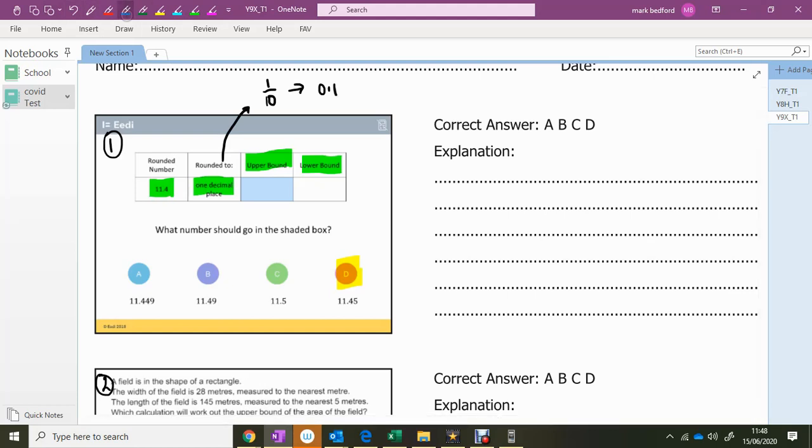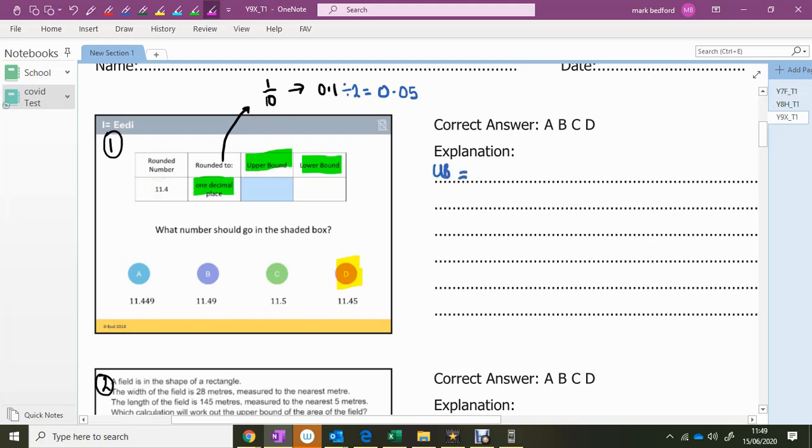Now, following the rules of upper bounds and lower bounds, once we've got what it's been rounded to, in other words the nearest 0.1, we divide that by 2, and it's this value that I add to and subtract from the 11.4 to work out my upper or lower bounds. So your calculations look like this.